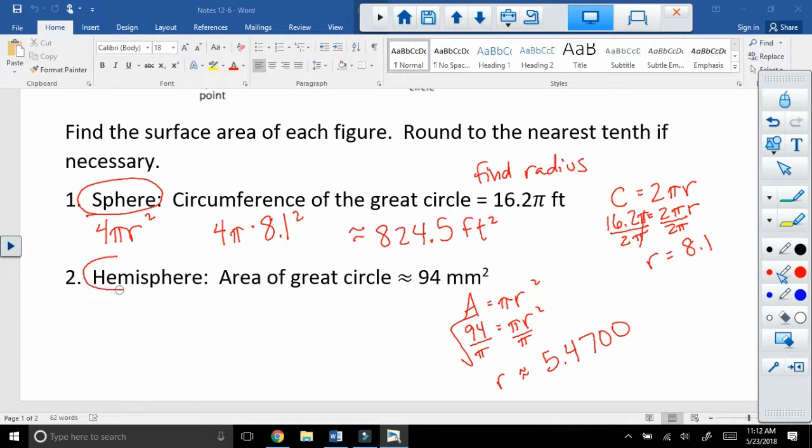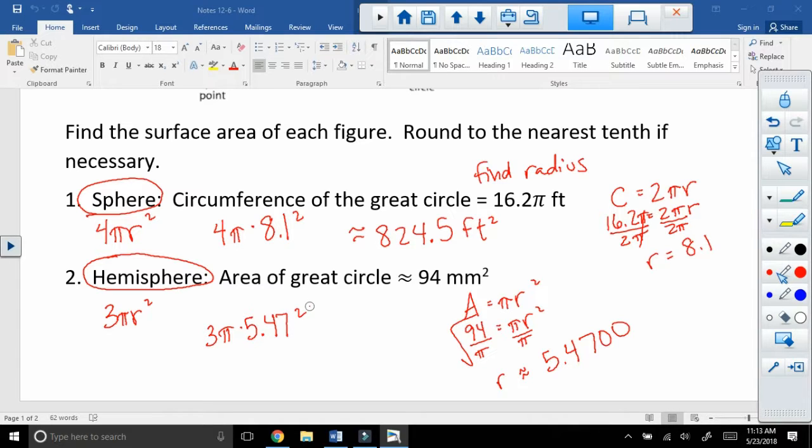We want to find the surface area of the hemisphere. So the hemisphere is going to be 3 pi r squared. So then you could do 3 times pi times 5.47 squared.